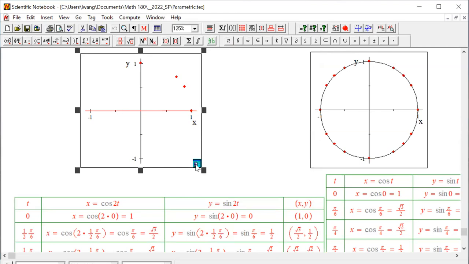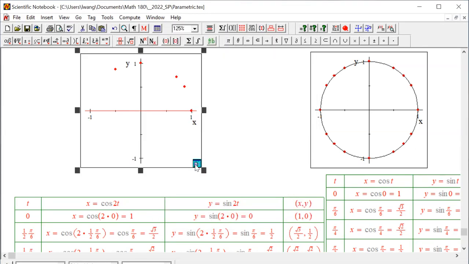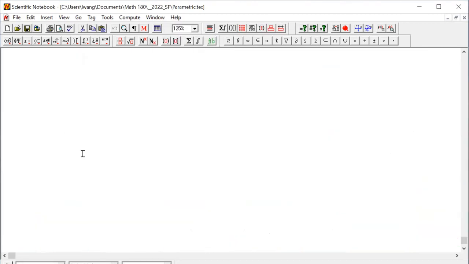Wait. Yeah, that's the point. Okay, how did I get that y equals 0? Let's make it going to be black. So that's back where it was. Okay.